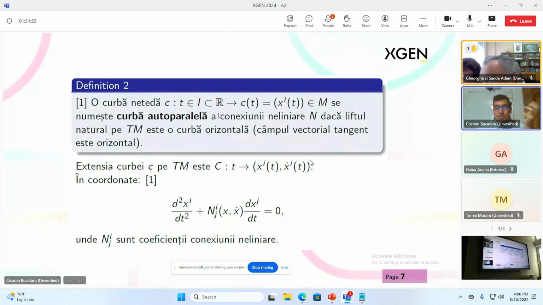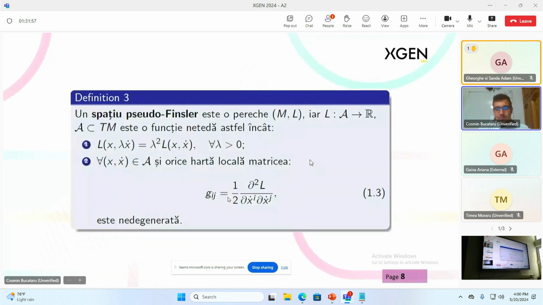In a simple method, we take a smooth curve on the manifold, and then we lift it up. We consider its extension to the tangent bundle, and then we have the autoparallel curves equation in this relation, where N^i_j(x, ẋ) are the coefficients of the nonlinear connection.